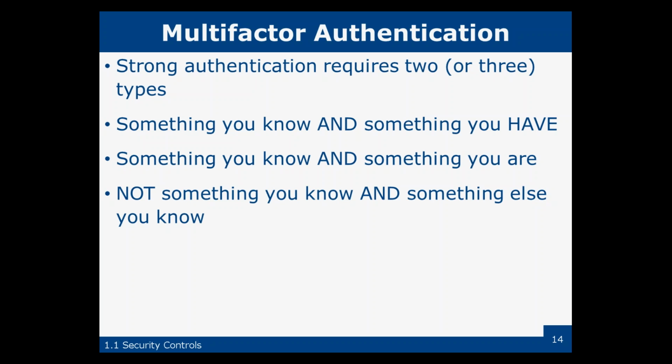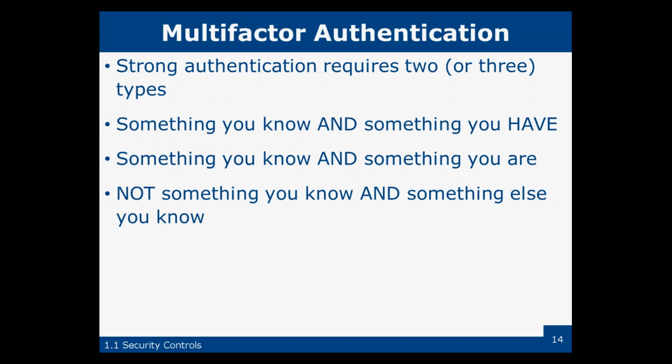With strong authentication, you use 2 or 3 types of factors. And the factors have to be from the different elements: something you know, something you have, or something you are. So 2-factor authentication would be maybe a smart card and a PIN, something we have and something we know.